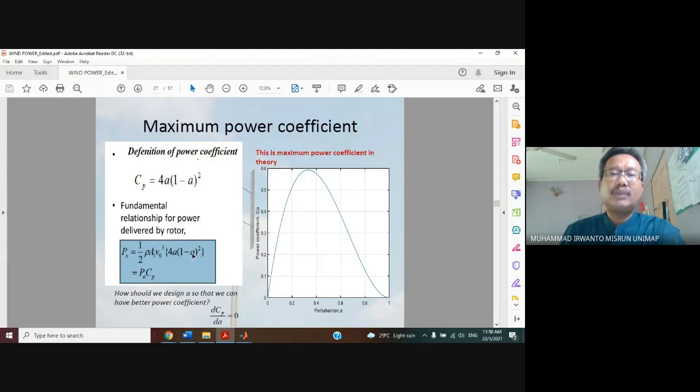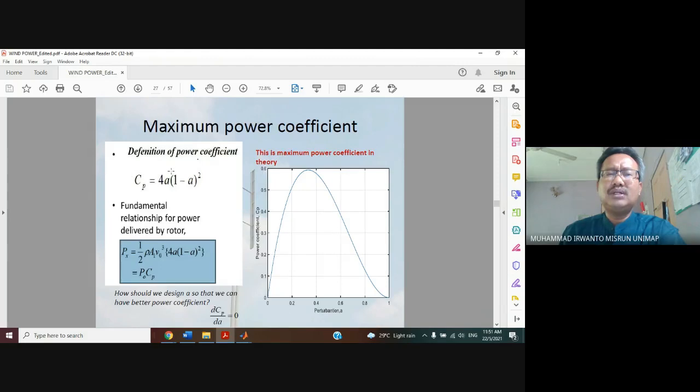Or we can find it using the formulation: because we want to obtain the maximum value, we take the derivative of Cp with respect to A equal to 0.